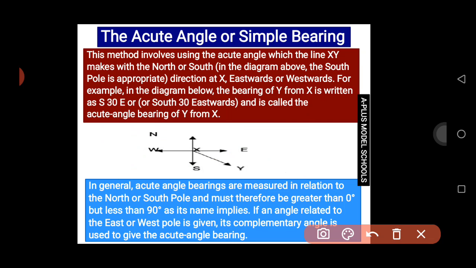And the angles are greater than 0, but not up to 90 degrees. So that is between 0 and 89 degrees. So if you are given any angle that is more than that, you try and look for the complementary angle that it makes with the north.